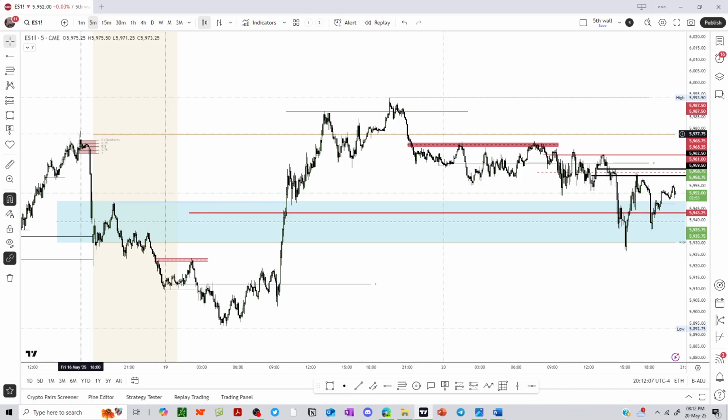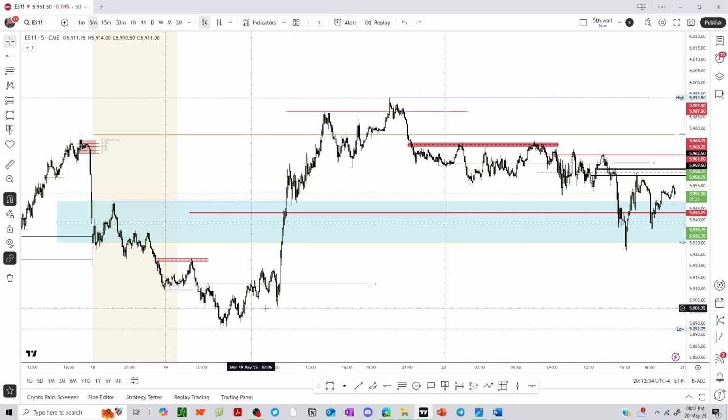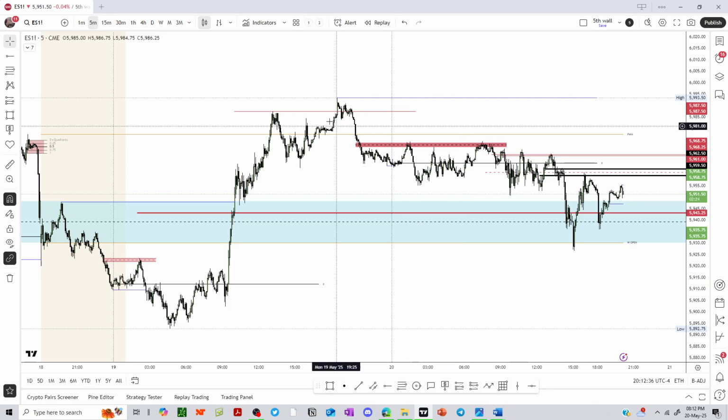As a buy model is completed here, we have the sell side of the curve, buy side of the curve here. Then you can have multiple market maker buy and sell models within another market maker buy and sell model. So I'm not saying price is going to come down here, but the model is not complete so it goes down here. Or this one here.